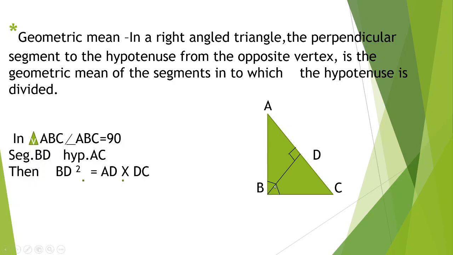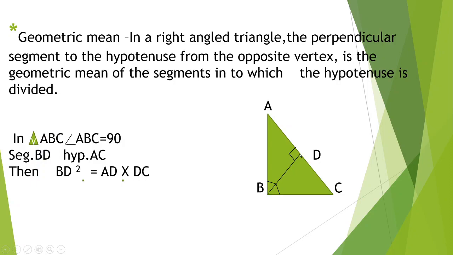Then segment BD is called a geometric mean of the segments into which the hypotenuse is divided. This AC hypotenuse is divided in AD and DC because of D point. BD is perpendicular to AC and BD intersects AC at D point.